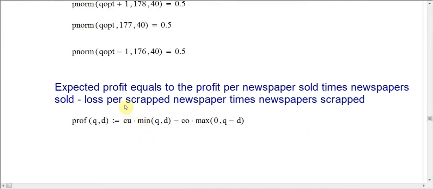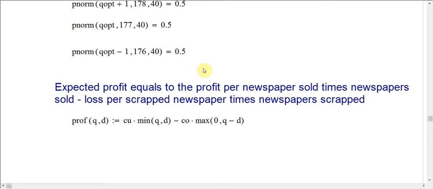This is the equation for the expected profit, and we calculate the expected profit for the three cases: where we buy one newspaper more than 177, and the expected profit if we buy one newspaper less.